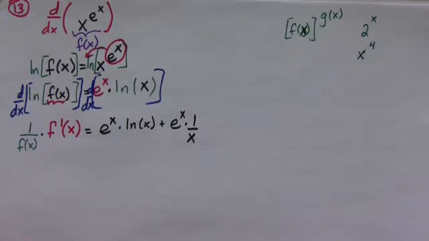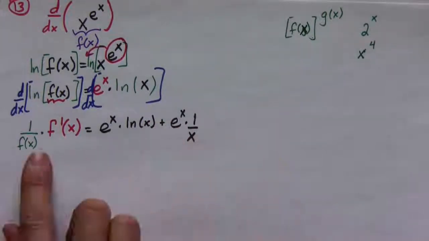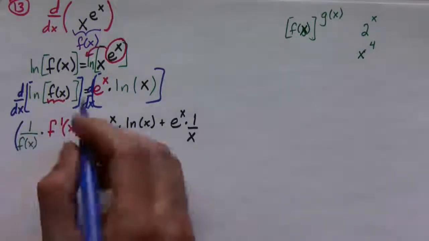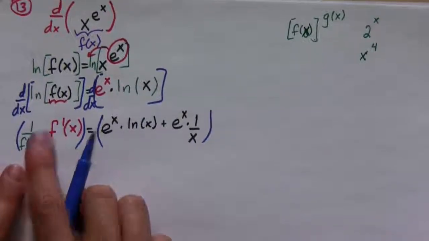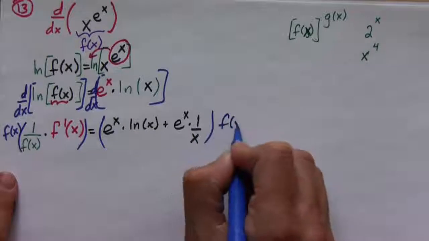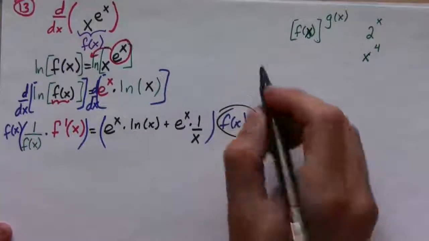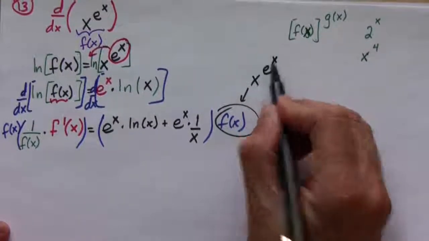Okay, well, this is great times here. Because now, if you look at this, I'm looking for f prime of x. All I need to do is multiply both sides by this f of x here, which is in my way. So I'll multiply by f of x, both sides. But notice that I know what f of x is. f of x is just my original function, x to the e to the x.